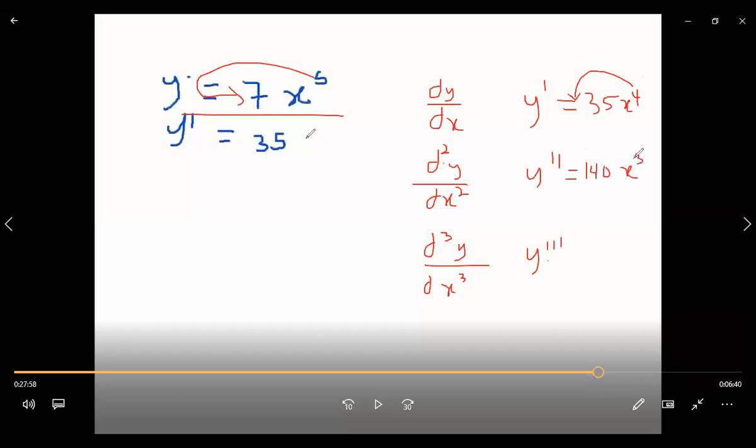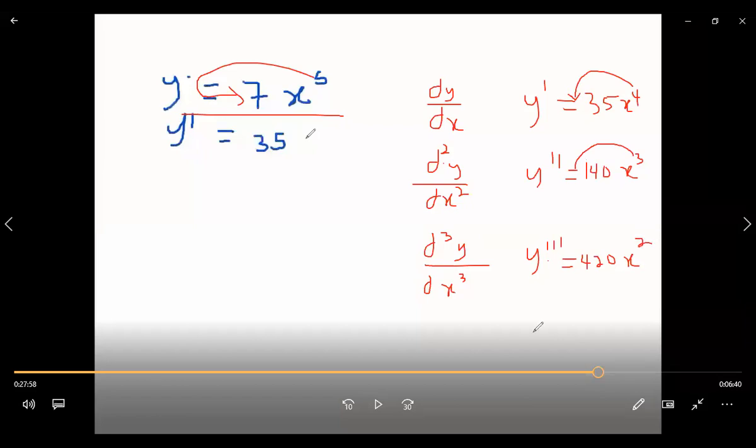Then for the next derivative, you are differentiating again and again. So for the next derivative, we multiply 140 by 3 and get 420x raised to the power 2.